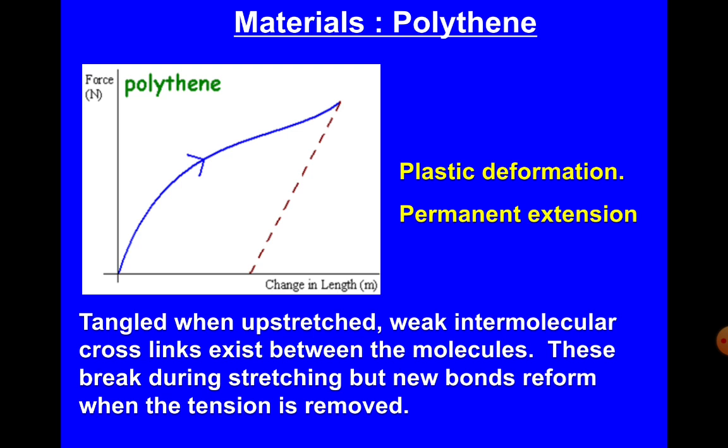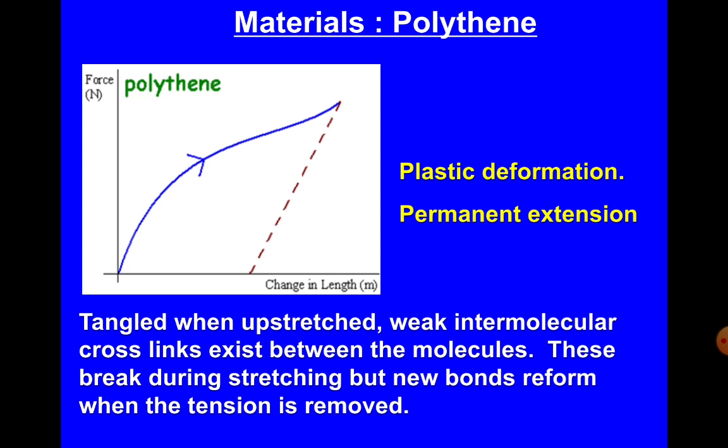These break during stretching and new bonds reform when the tension is removed. So for each material there are different types of curves, and you need to distinguish the different curves of steel, rubber and plastic from each other and how they behave.